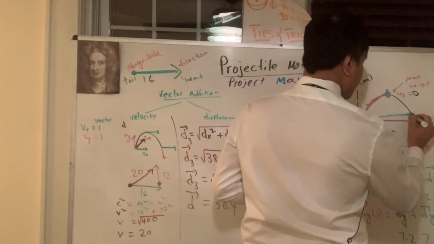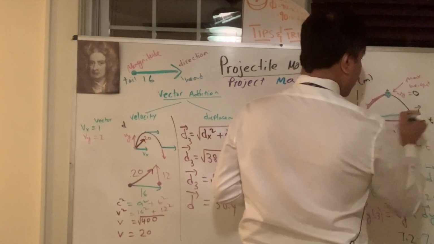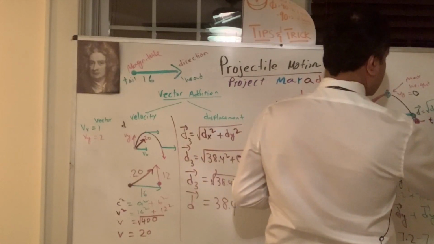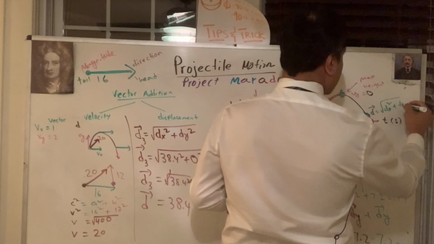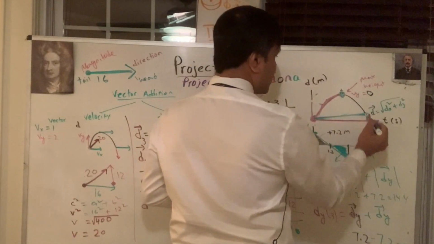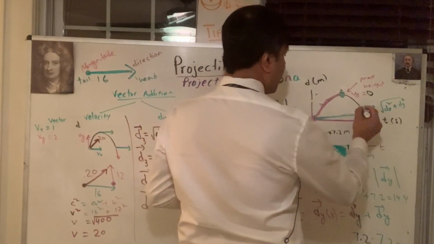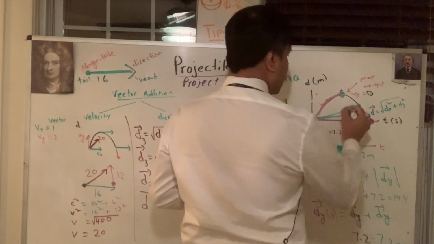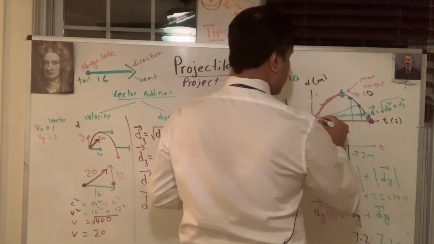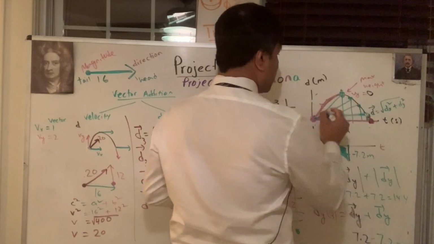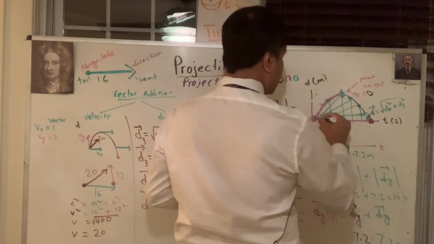So what is the displacement right here? What would be the displacement right here? dx square plus dy square. Okay, so you're going to find the displacement right here. And displacement right here would be like that.